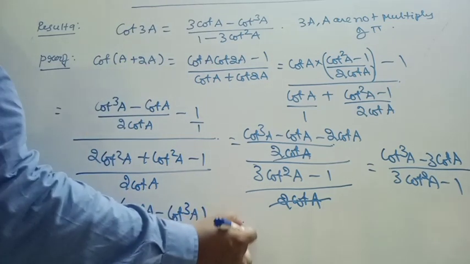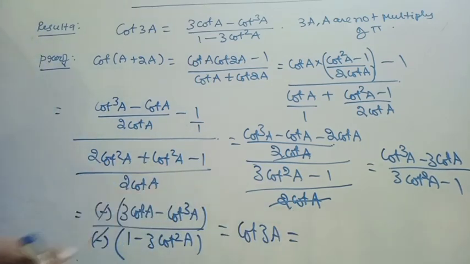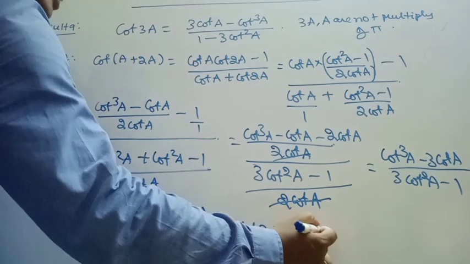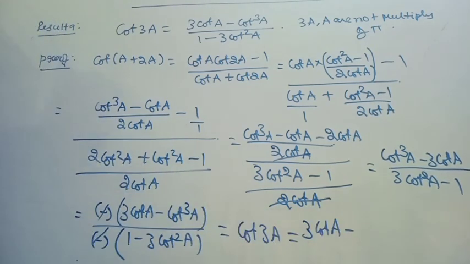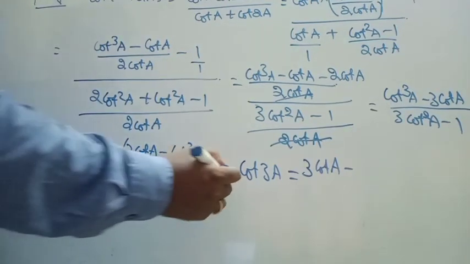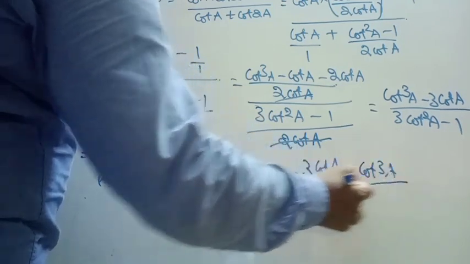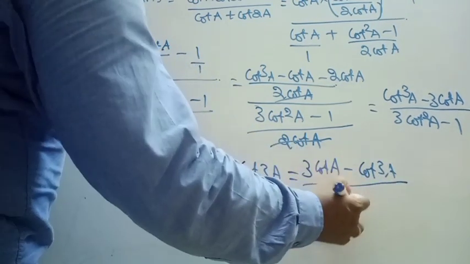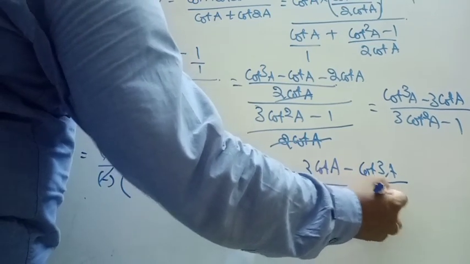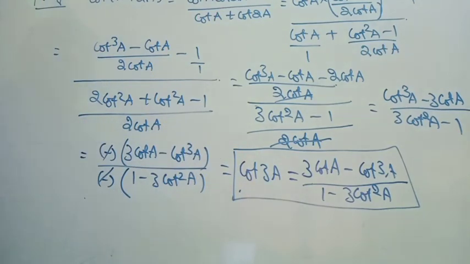This is nothing but cot 3A. Once again we are writing: cot 3A equals (3 cot A minus cot cube A) divided by (1 minus 3 cot square A). This is the cot 3A formula. Wonderfully we have got it.